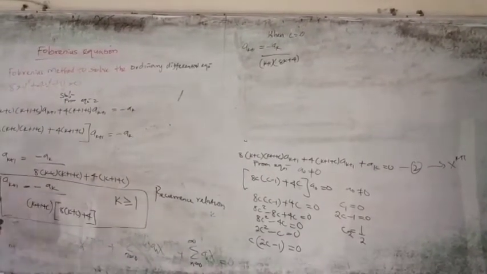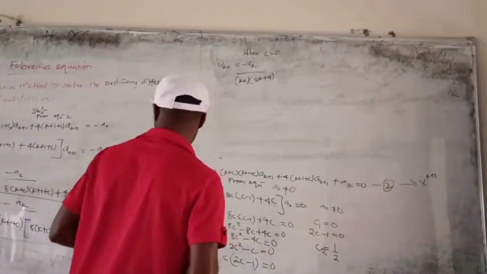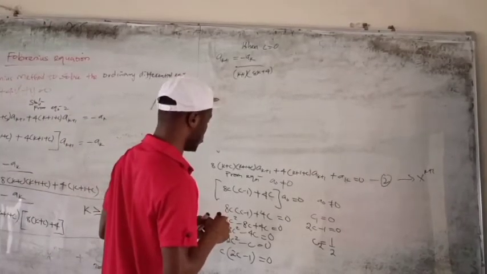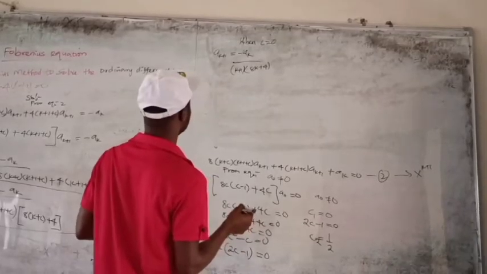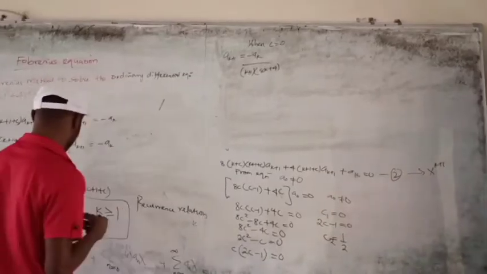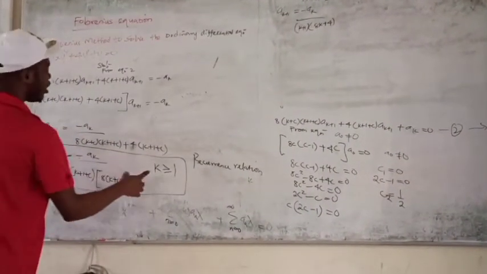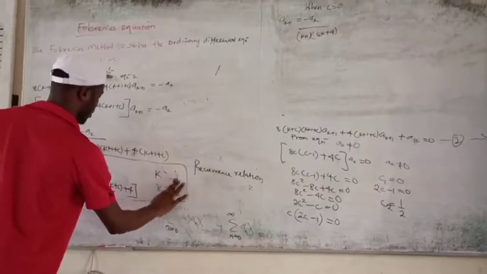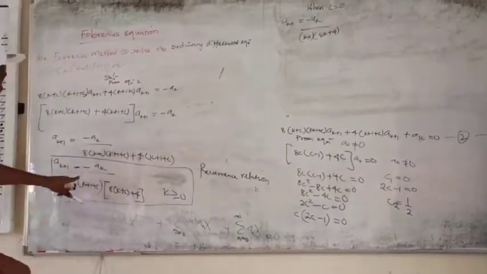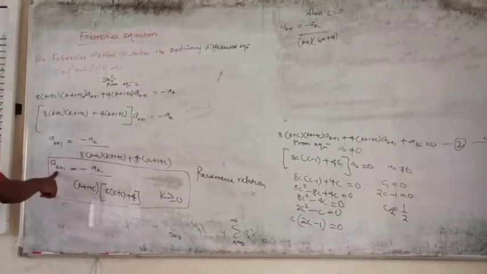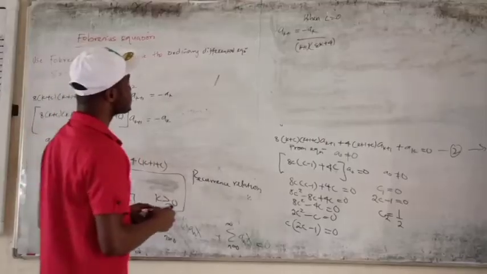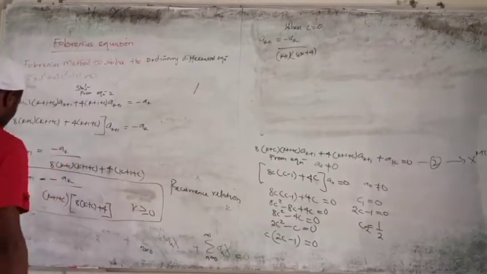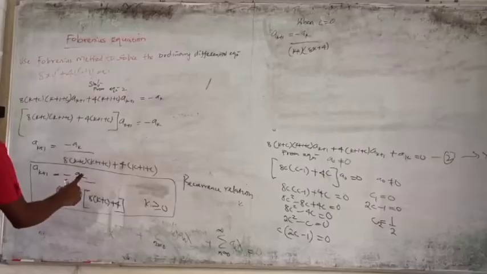Okay, I can actually start from 0. The equation can still start from 0, so k greater than or equal to 0, so that I can have my a naught.